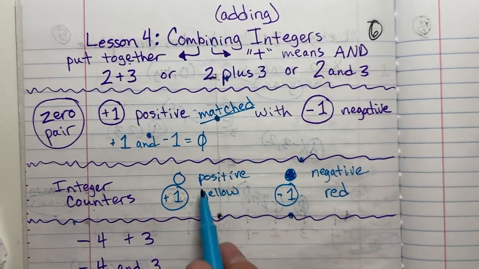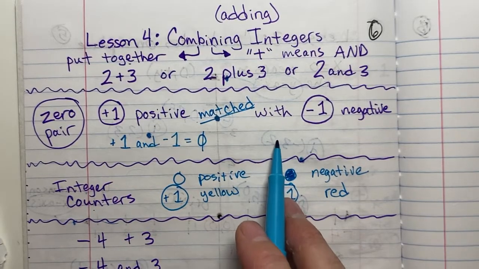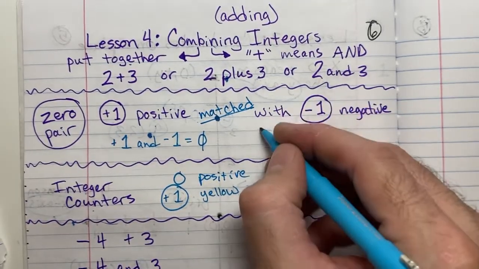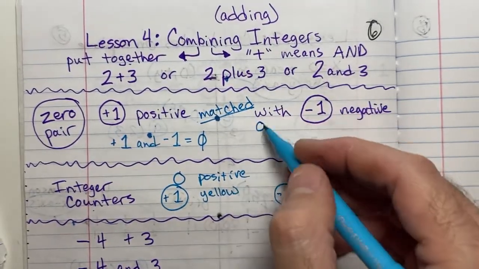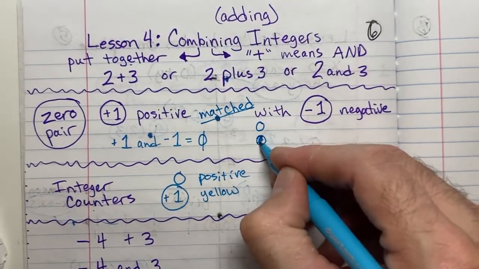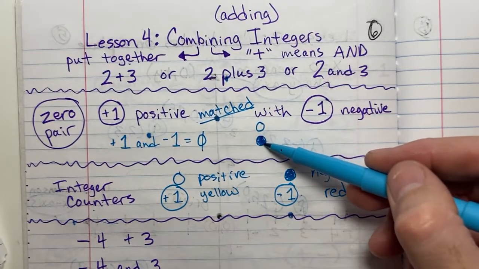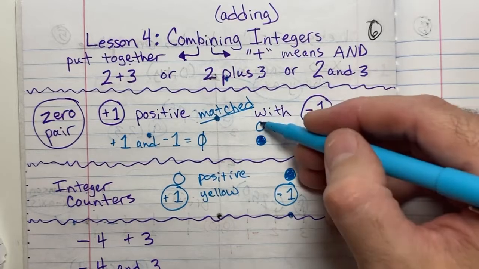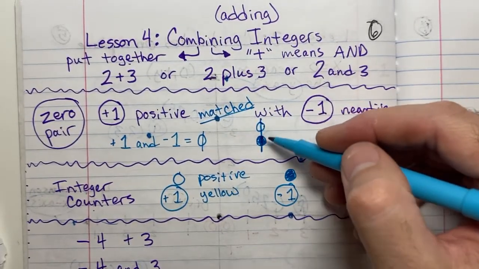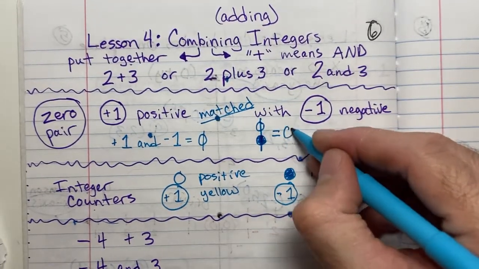So I wanted to talk about the integer counters. When we take a look at modeling the zero pair, if we have one positive and one negative, unshaded and shaded, and we match them, the positive and the negative will cancel each other out, and it will give you 0.